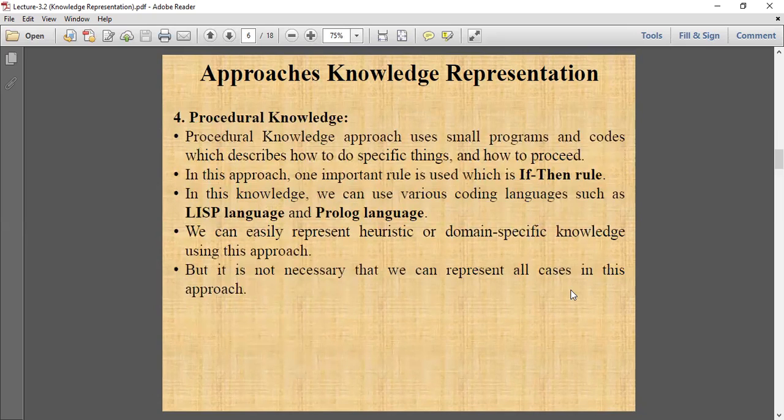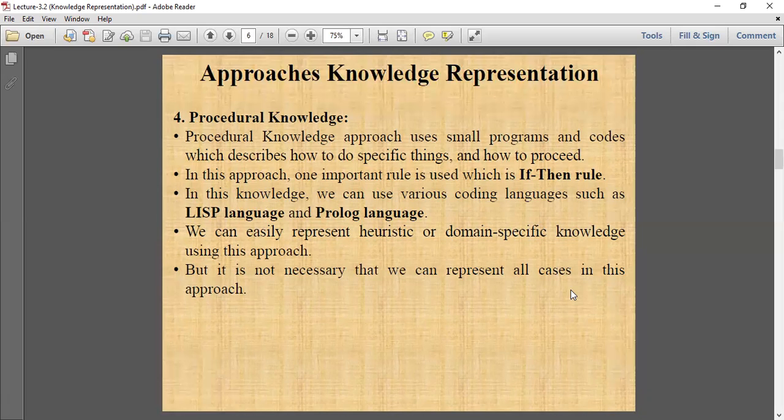Now, procedural knowledge. Procedural knowledge approaches use small programs and code which describe how to do a specific thing and how to proceed. In this approach, one important rule used is the if-then rule.